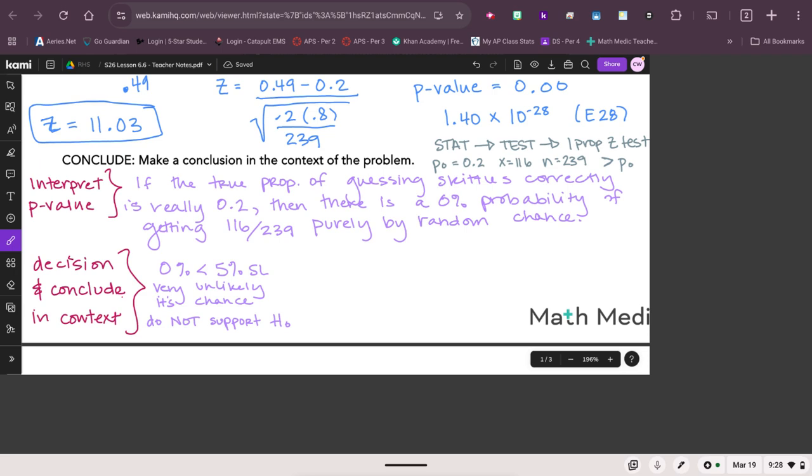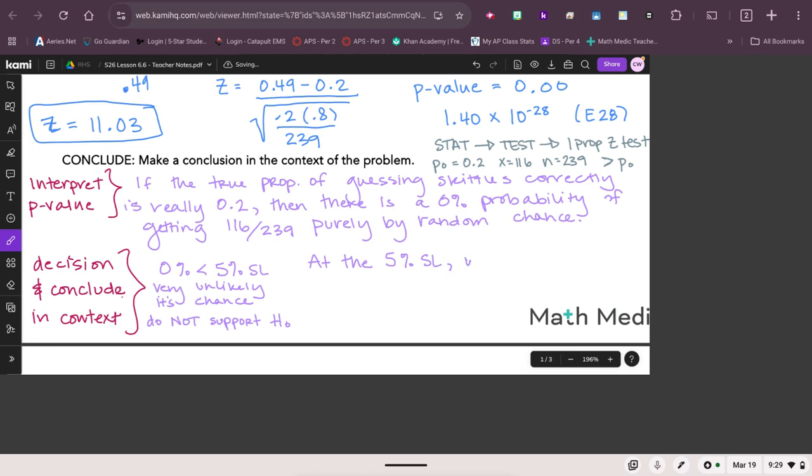So over in our conclusion, we are going to say, so that was our choice. We made a decision to not support the null hypothesis. So we're going to say that at the 5% significance level, this is where we can put it all in context.